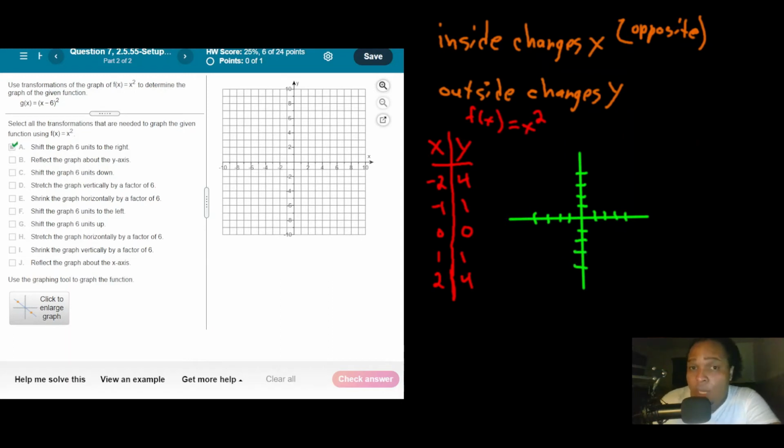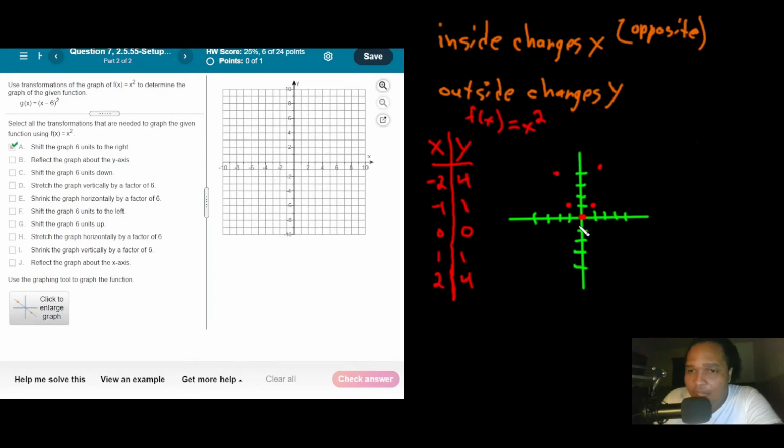Let's go ahead and plot our points for the original f of x. This is true for every single function that has f of x equals x squared, bare bones, no pluses, no minuses, nothing crazy. So 0, 0, -1, 1, +1, 1, -2, 4. So 1, 2, 3, 4, somewhere right there. And then we have +2, 4.